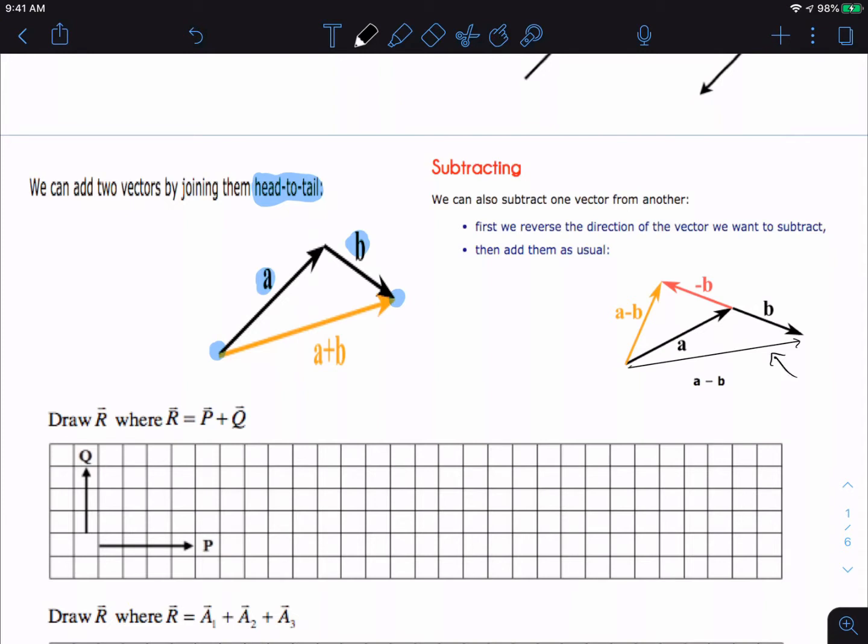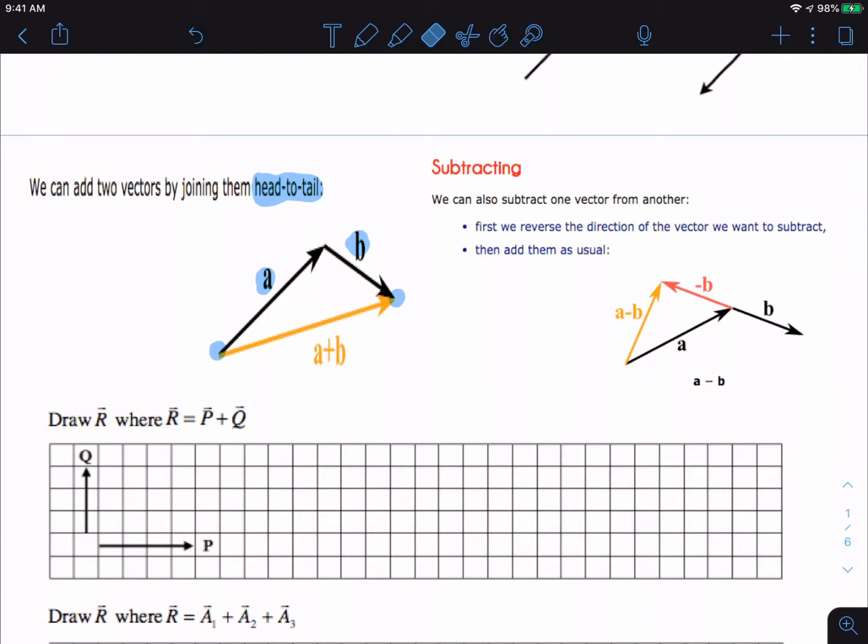This vector here would have been A plus B. But since we have A minus B, instead of going in this direction, we need to go in the opposite direction. And so this is our start point, this is our end point, and that yellow is our result. We okay with that? So that's how you add and subtract in vectors.